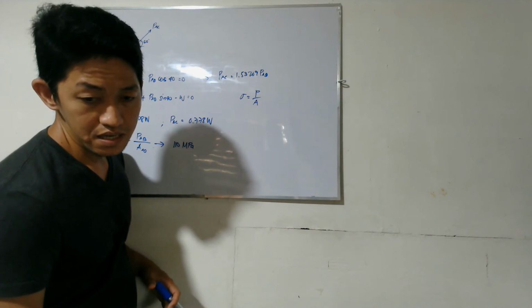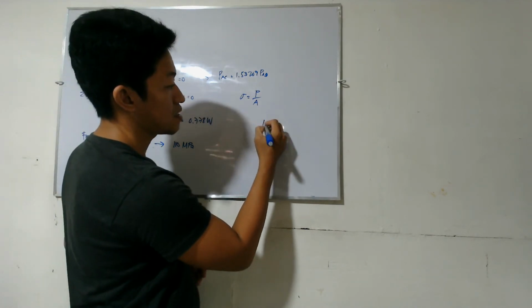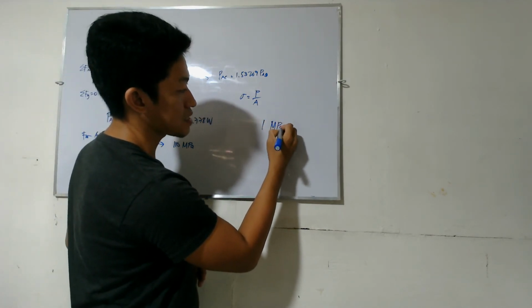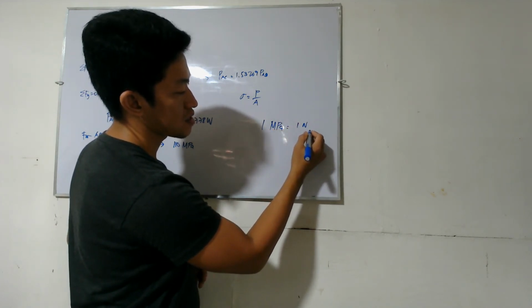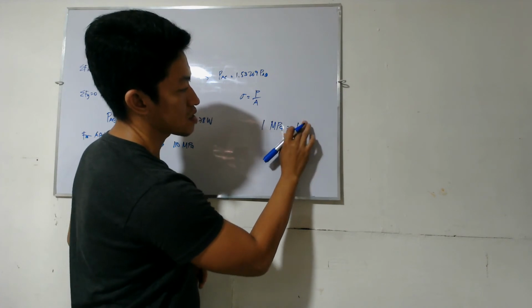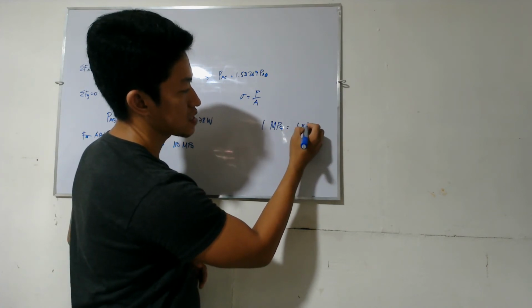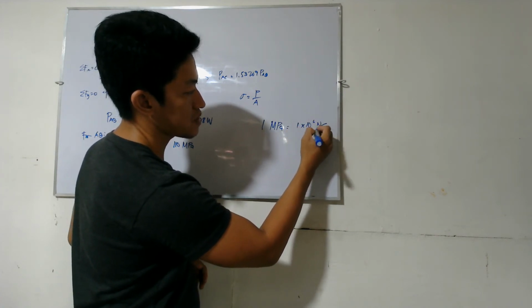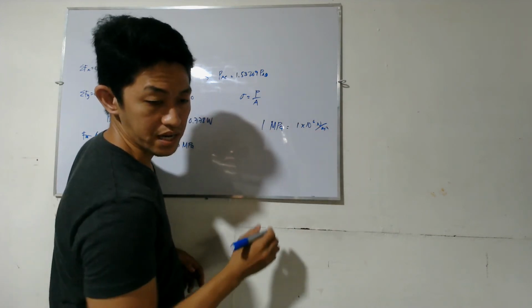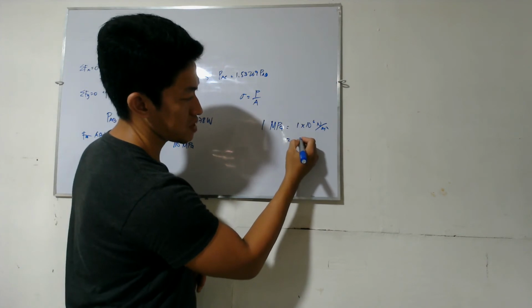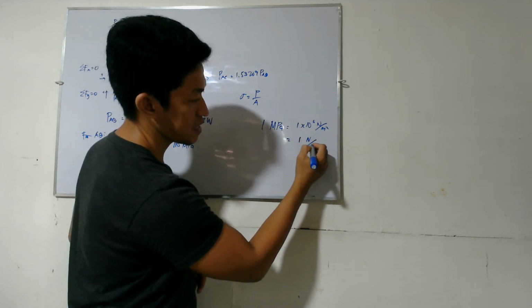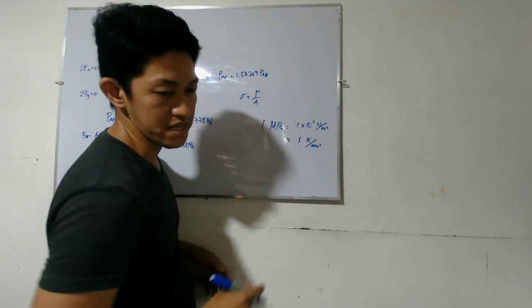Okay? So, 1 megapascal is just equivalent to 1 Newton per square meter times 10 to the 6, right? Or, this is just equivalent to 1 Newton per mm squared.